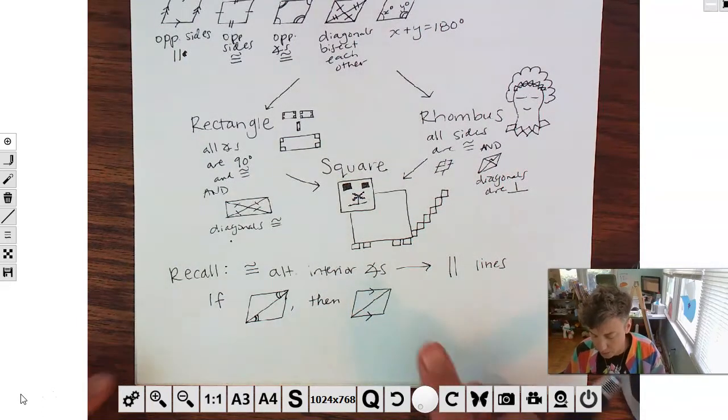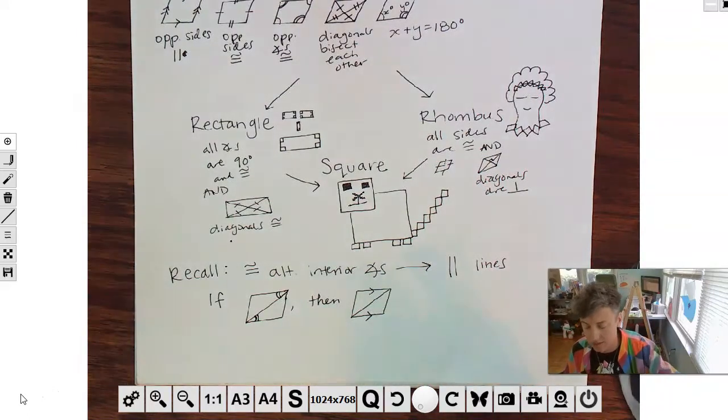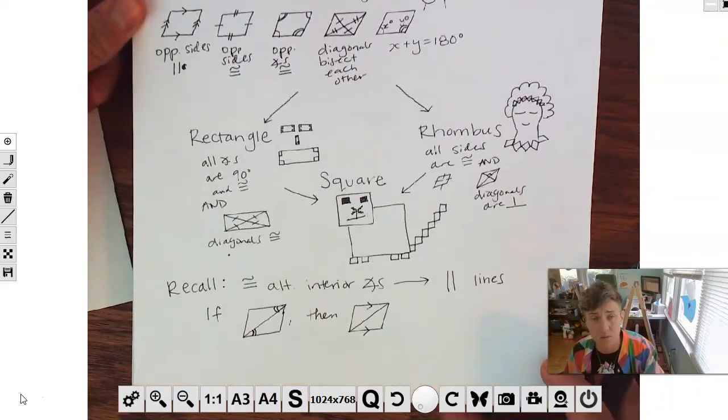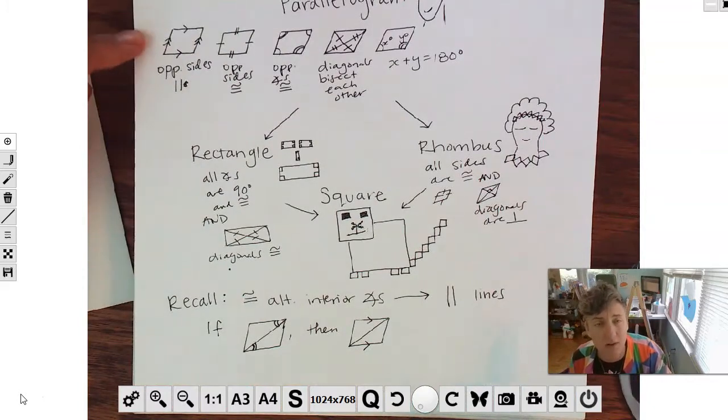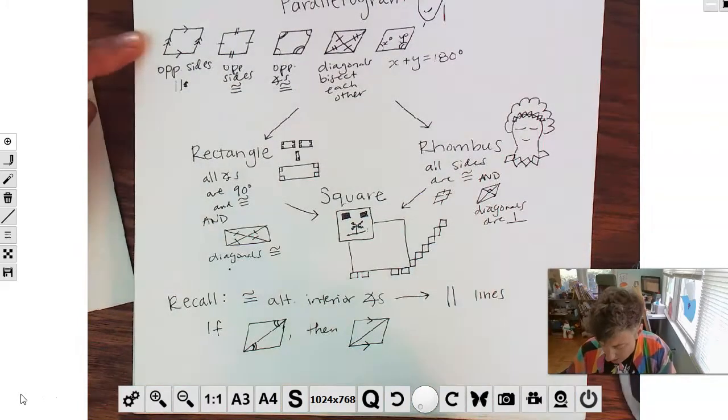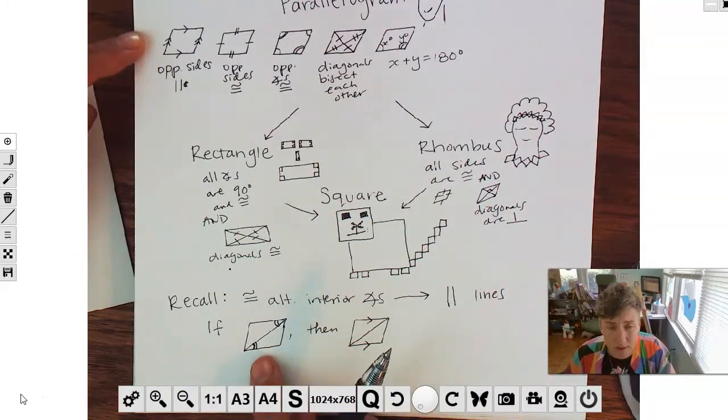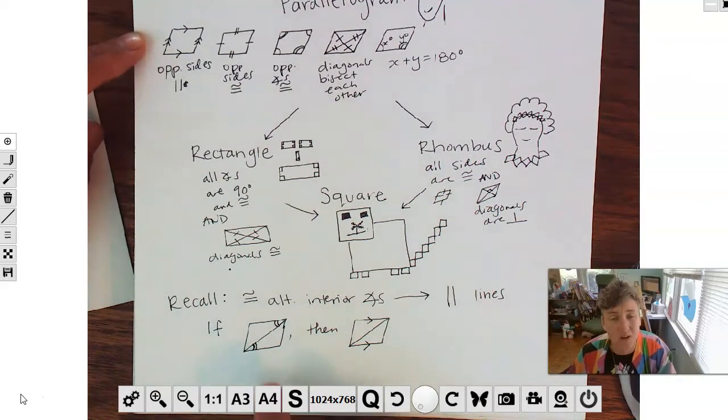That'll be important if we're trying to prove that something is a parallelogram, because we might need to show that both pairs of opposite sides are parallel, and we might have to do that using the alternate interior angles that are congruent. So if you have alternate interior angles that are congruent, then you have parallel lines.